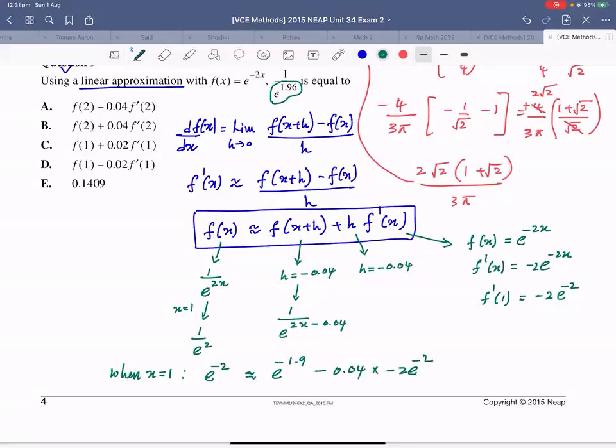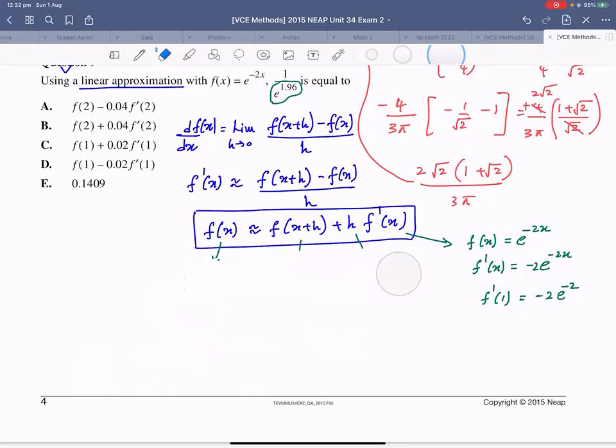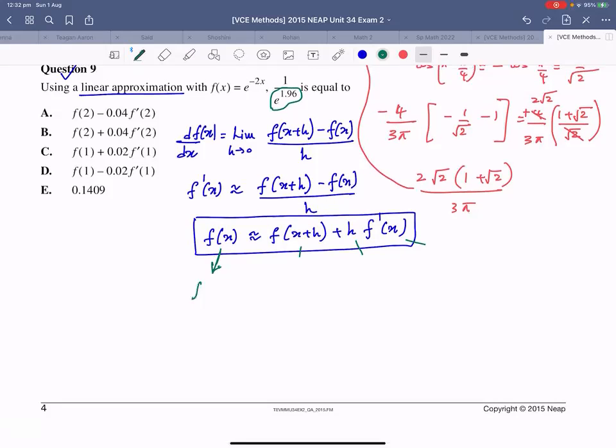So the question is asking for f in terms of f of 2, f of 1, f dash of 1. If you do this, this is not going to work anyway. So what you do is reverse your approach. I'm erasing this one as well. This is f of x, and as I told you before, this is e to the minus 2x.